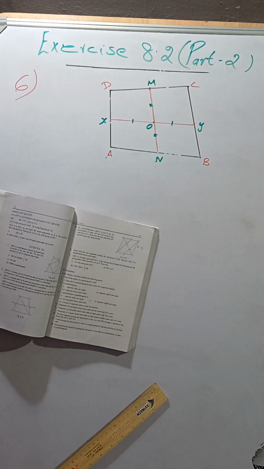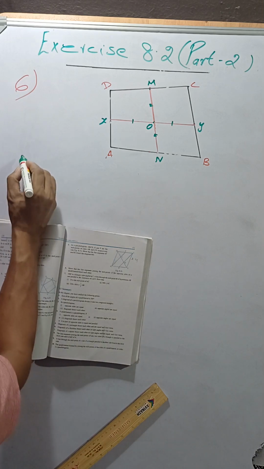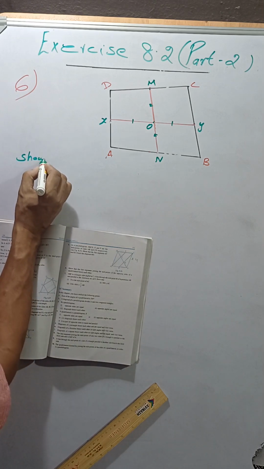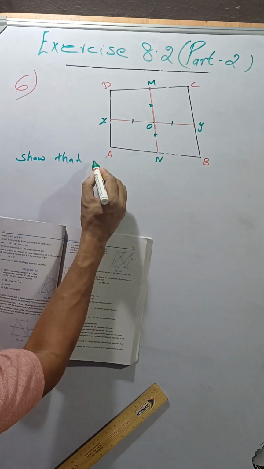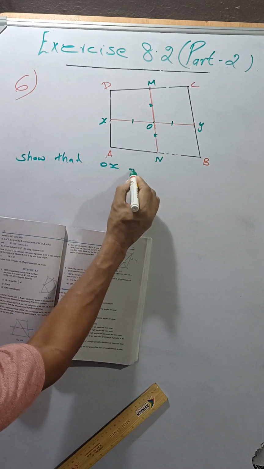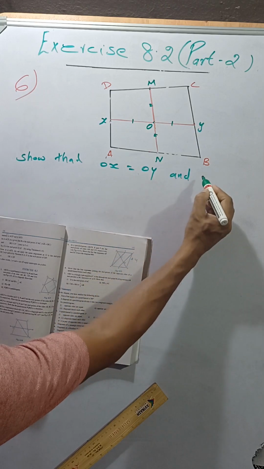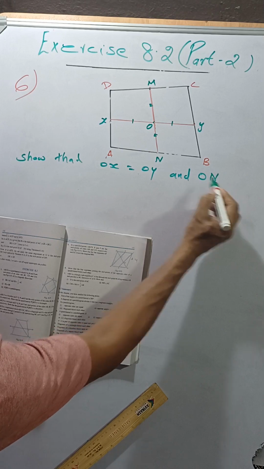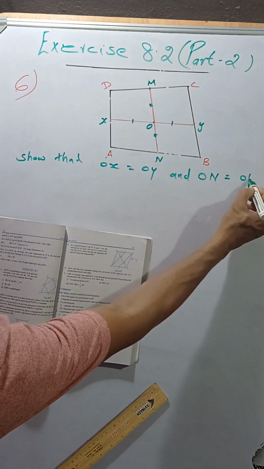Let us prove this. Here we have to prove OX is equal to OY and ON and OM are equal.